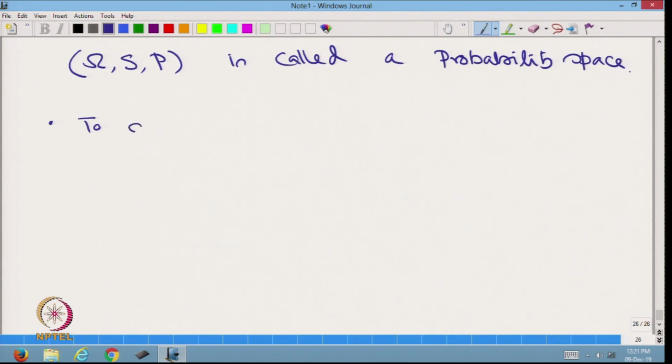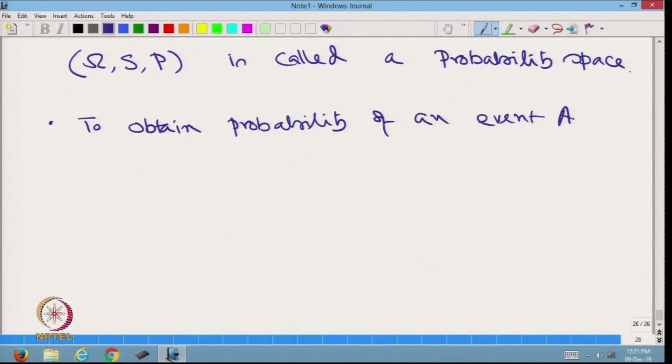To obtain probability of an event, A has to be a member of S.